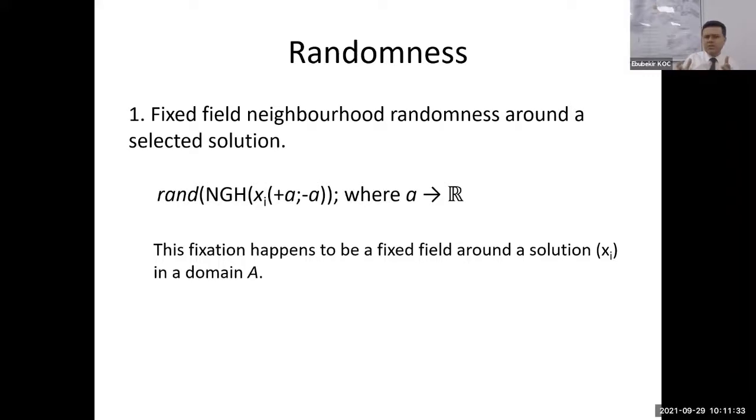That's basically a random function around the plus a and minus a area of x. Of course, these numbers are supposed to be real numbers. This happens to be a fixed field around the solution in a random a. So that's the fixed one.